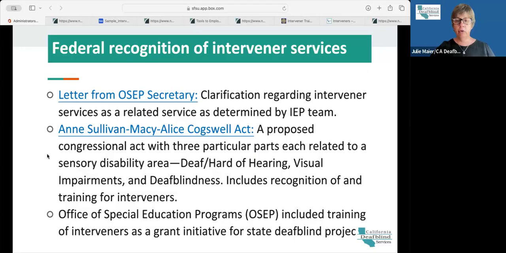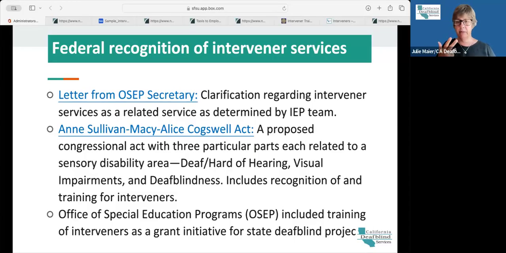There is also congressional focus on providing interveners, which may also support any reauthorization of IDEA. There is a proposed congressional act that has been brought forward in several previous Congresses called the Anne Sullivan Macy Alice Cogswell Act.